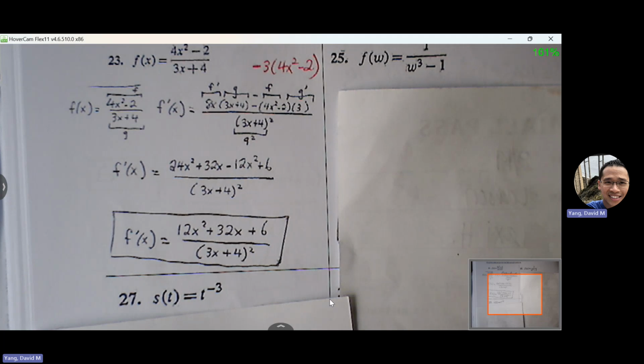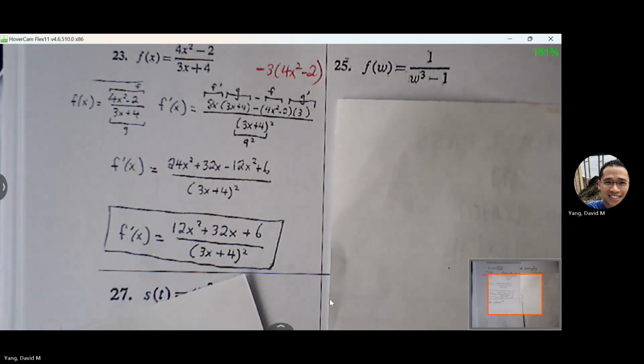Okay, 25. Again, you would use what? Quotient rule. Later on, we're going to have a rule that may be more efficient than quotient rule in certain situations, but for now, all that's available to us is quotient rule. So try that.